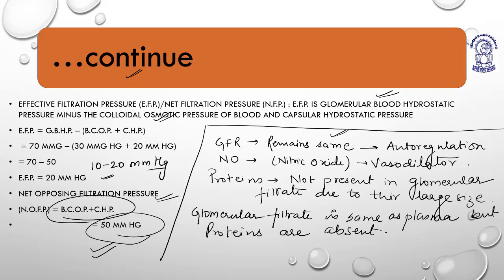But proteins are absent. So the glomerular filtrate is the same as that of plasma, but proteins are absent. It contains mainly the non-colloidal substances.